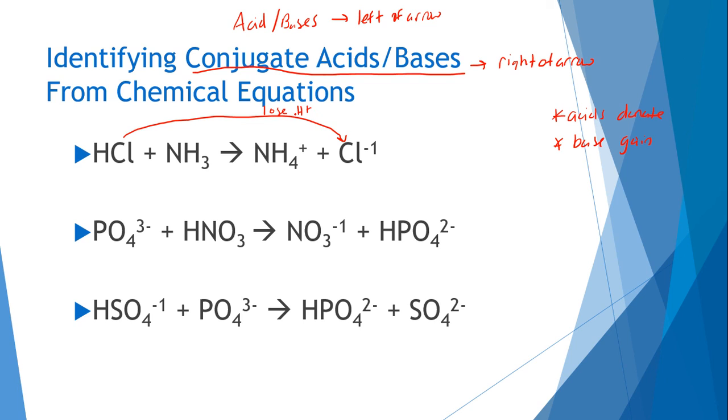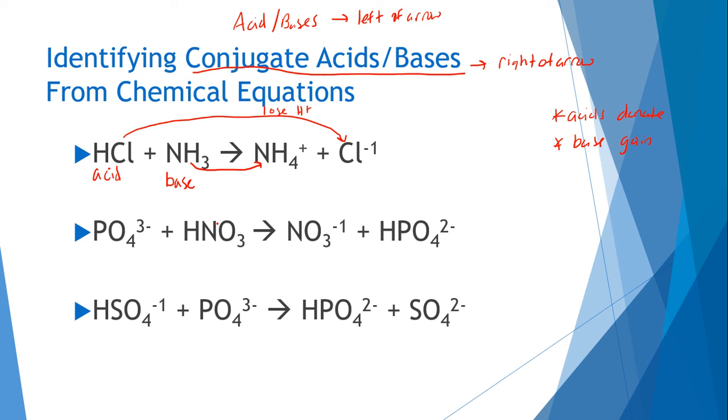So if I lose one, I'm donating it. That makes HCl an acid. NH3, notice that it tends to gain a hydrogen. So if it's gaining a hydrogen, that makes this the base.